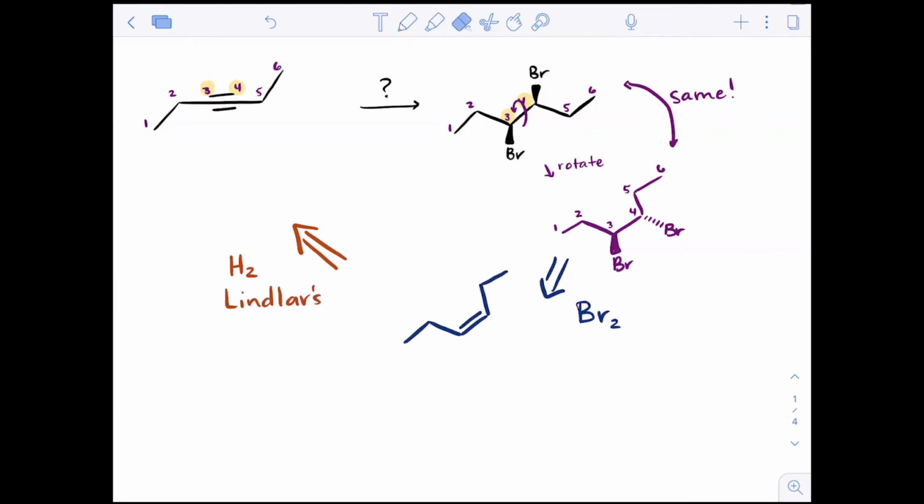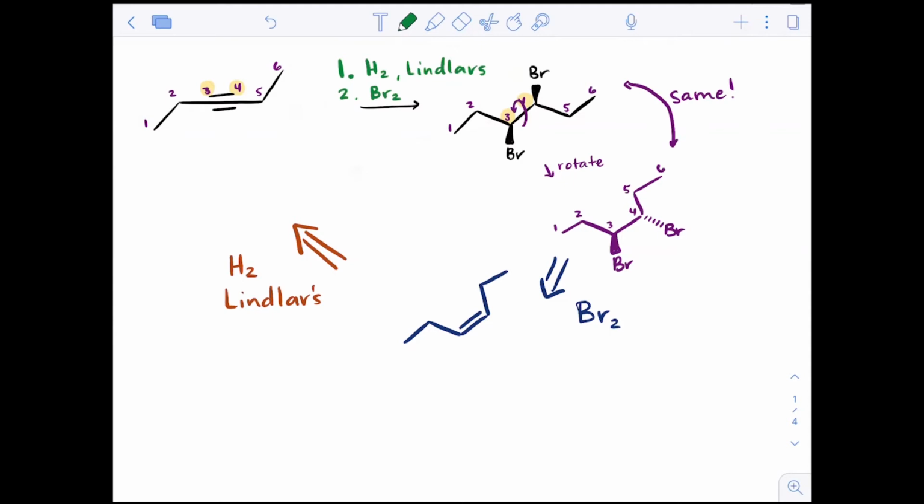So the reagents that would be required over this reaction arrow for our final answer: 1, use H2 and Lindlar's, followed up with Br2. And that would get you your final product. Now, it's really important that we can visualize each individual reaction to get the overall synthetic picture.